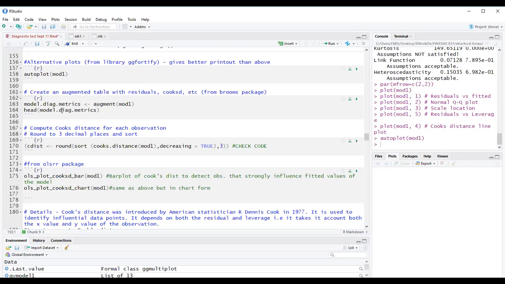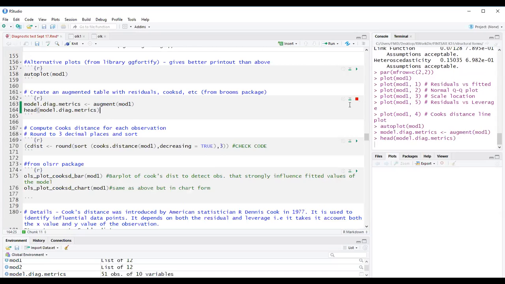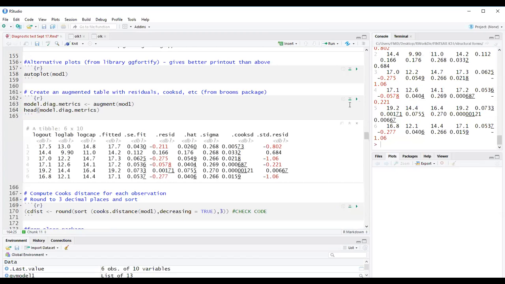Okay, ito naman guys, from the broom package, we'll create an object called model.diagnostics.metrics. Tapos ang gagamitin natin ay augment function for the model 1, linear model. Tapos i-generate natin yung head nito. Run natin to. Okay, so andito yung mga variables natin.